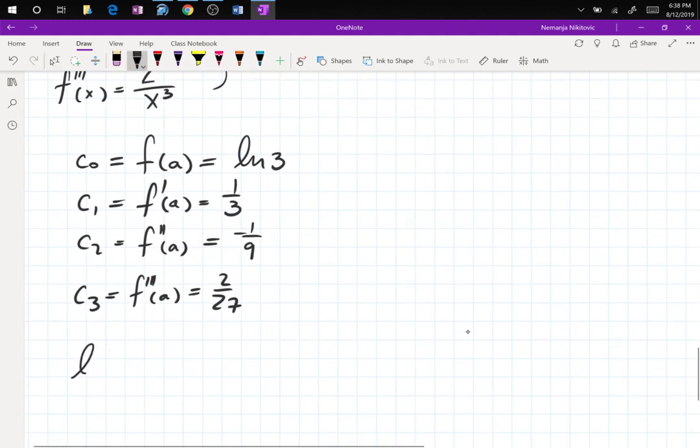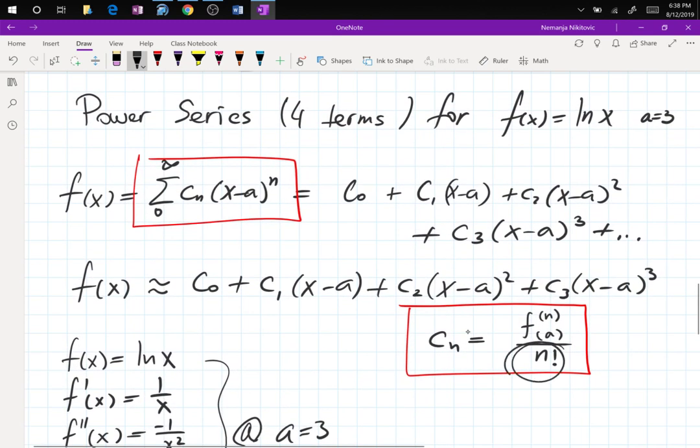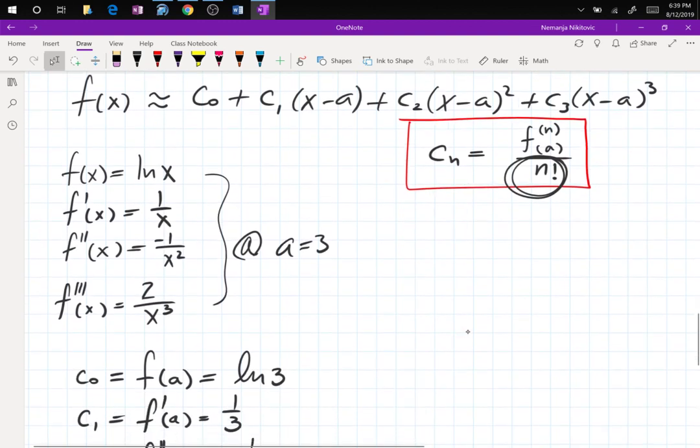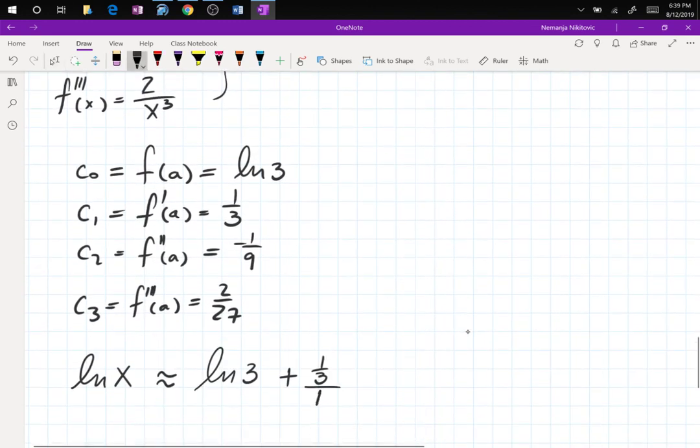So now, ln of x is approximated by ln 3 plus 1/3. Remember, it's divided by n factorial. I didn't do that yet, but this is divided by 1 factorial times x minus a, which is x minus 3.